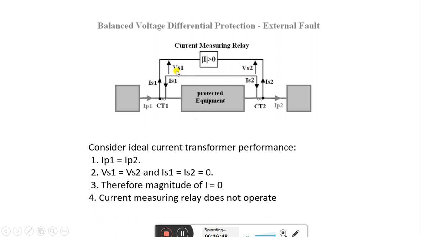It means there will not be any difference of potential in this system. So IS1 and IS2 both will be equal to 0. Therefore the net I will be equal to 0 and the current measuring relay does not operate. This was the case when the fault is external.